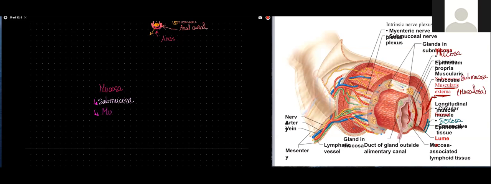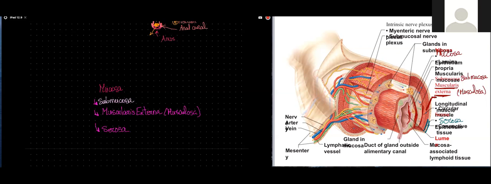We call it the muscularis externa. And to the outside of the muscularis externa, or musculosa, we've got a thin layer of connective tissue and epithelium. That's going to be my serosa.